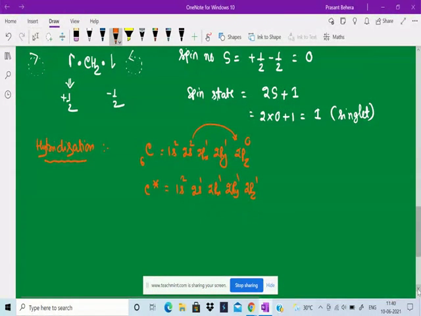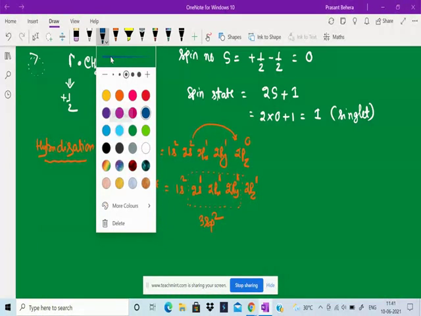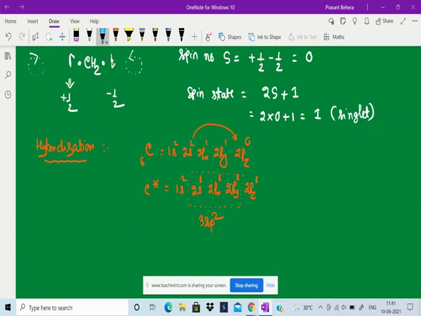So here the hybridization is sp2. Three sp2 hybridization takes place for singlet carbene, meaning a trigonal planar structure.